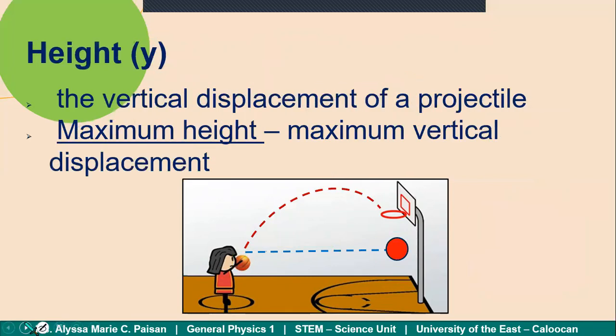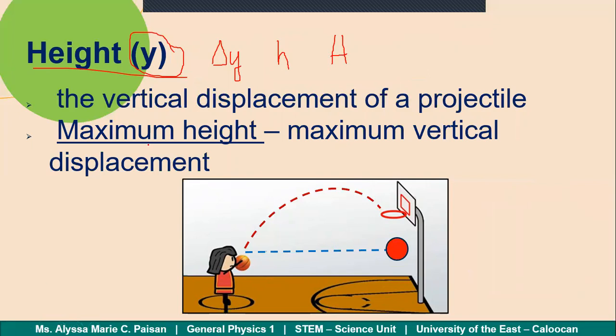Okay? Next term that you should know is the term height. Sometimes you see it as y in some books. In some books or in our convention, it's gonna be delta y. In some books, it's lowercase letter h. In some books, it's capital letter h. No, iba-iba. Now, the height is the vertical displacement of a projectile, and the maximum height is the maximum vertical displacement.